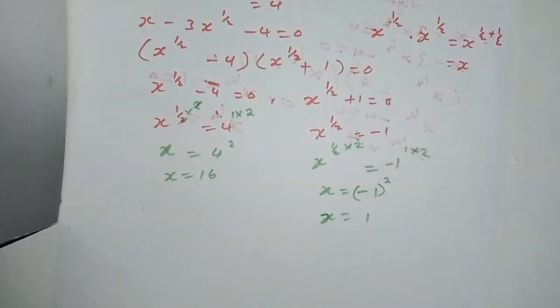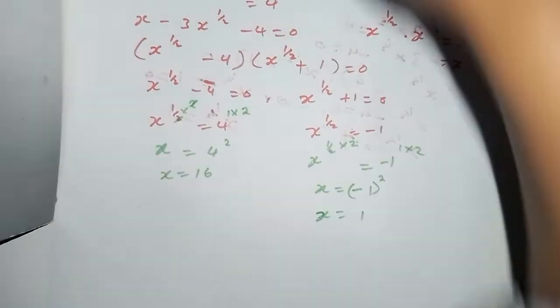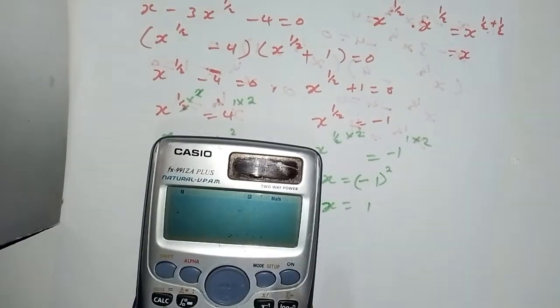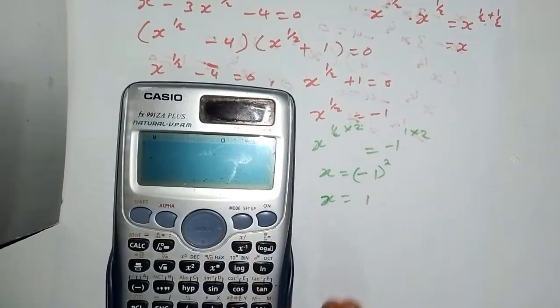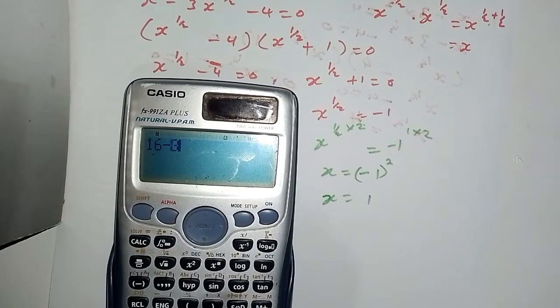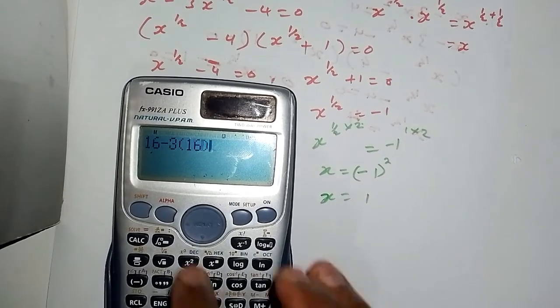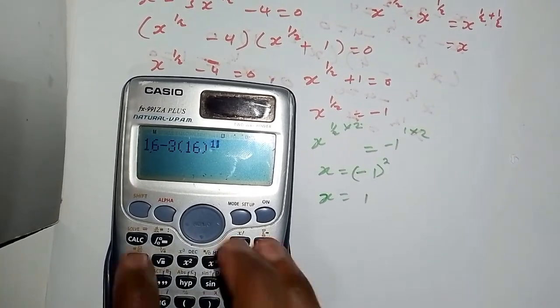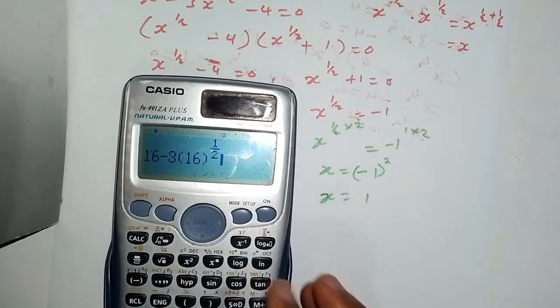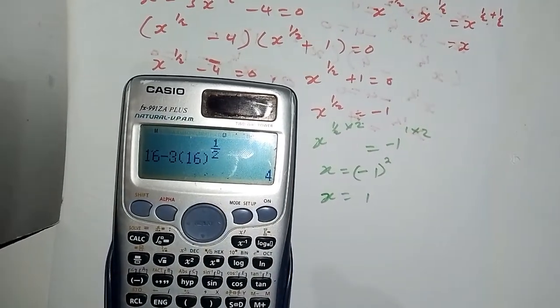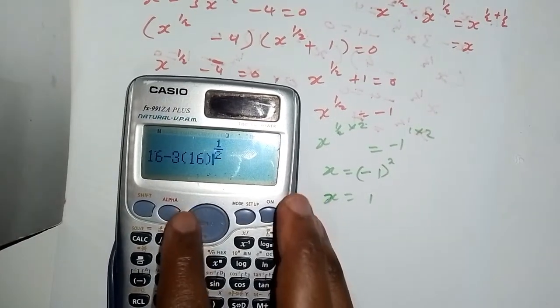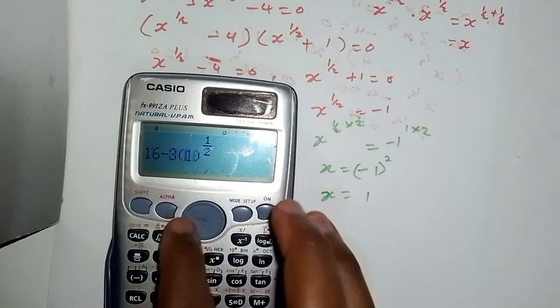Let's just check first if our answers are correct. Make sure your answers are always correct. 16 minus 3 into 16 to the power 1 over 2 should give us 4. There we go. Then let's check 1 to see if it gives us the same answer as well.